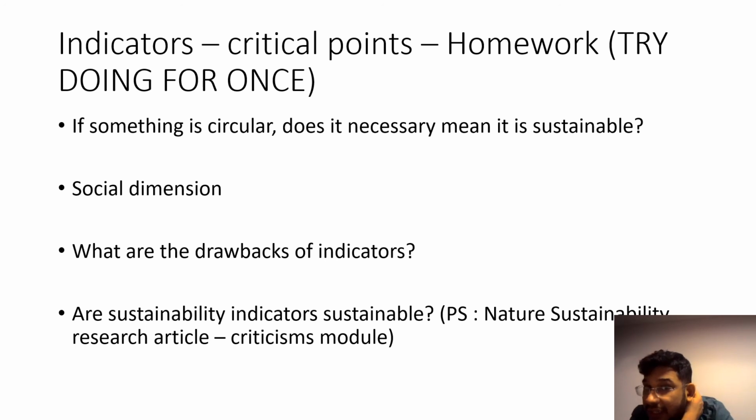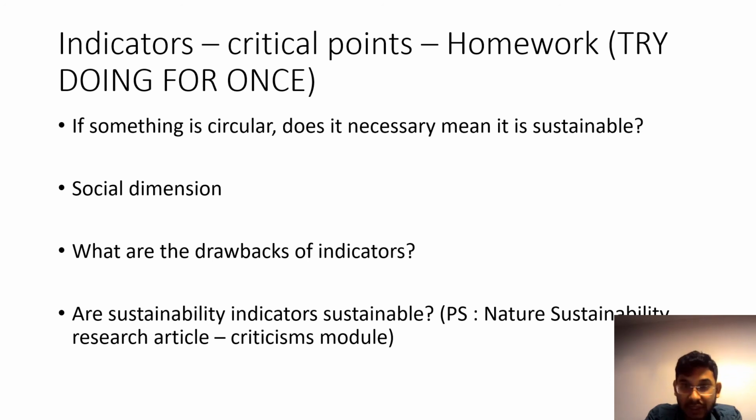I have a really interesting article to share with you at the end of our lecture series, during the criticisms of circular economy. A group from Singapore published a work in Nature Sustainability on sustainability indicators. What they found was that sustainability indicators show, in a lot of cases, no real correlation to sustainability, and sometimes it's diametrically the opposite.